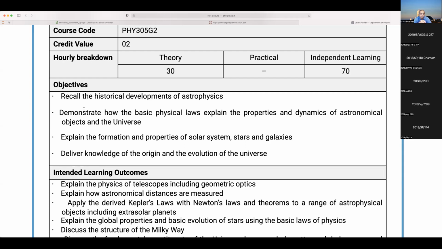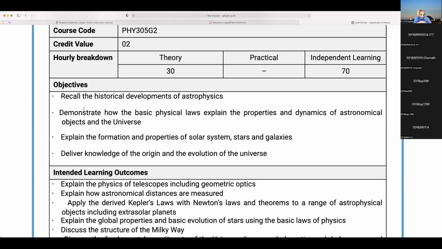For example, if you look at the motion of the planets, you can explain those motions using Kepler's laws, right? So we will try to learn some of these laws and see how we can apply them to explain the motion of the planets and those kinds of things.